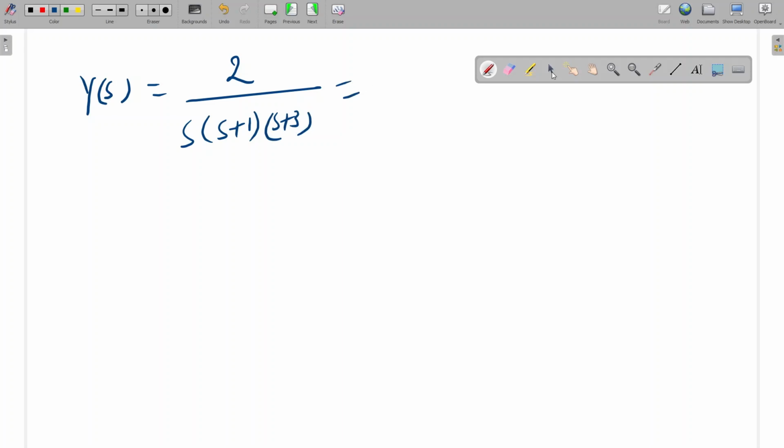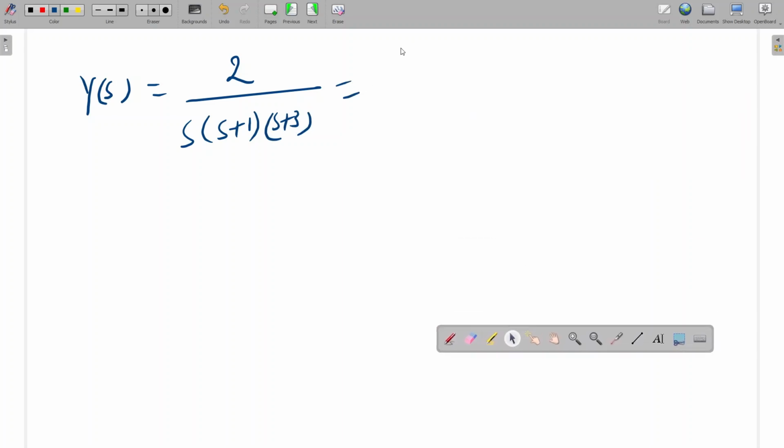So this we can write as A divided by s plus B by s plus 1 plus C by s plus 3. Now we can equate the factors.